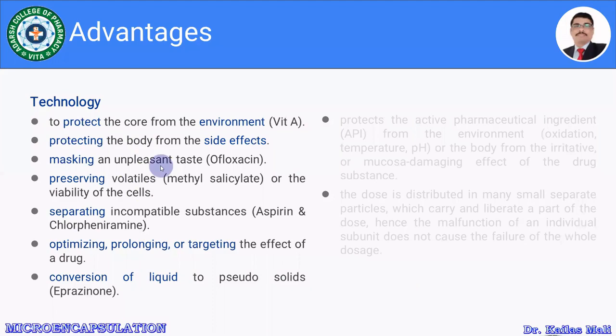One of the important things related to microencapsulation is that the dose is distributed in many small separate particles which carry and liberate a part of the dose, and hence the malfunction of an individual subunit does not cause the failure of the whole dosage form.